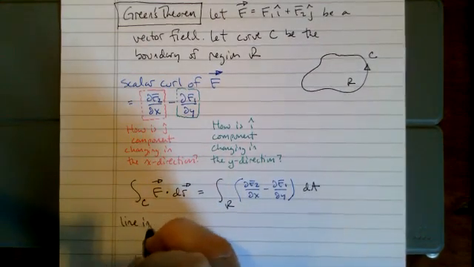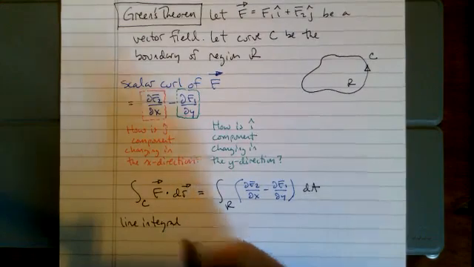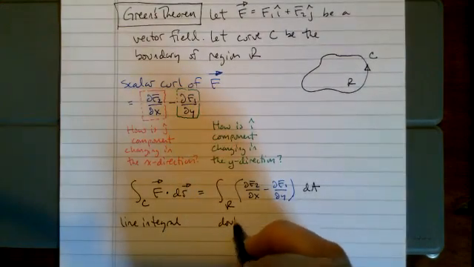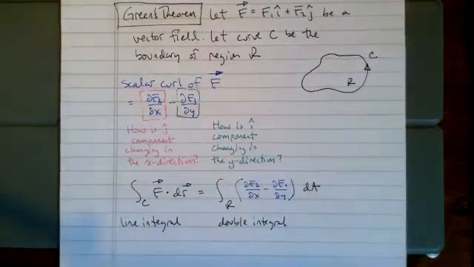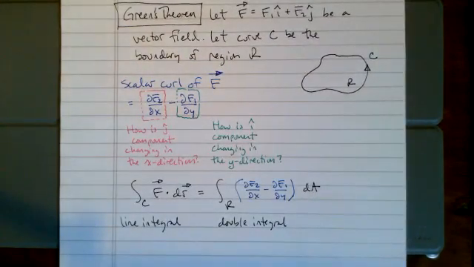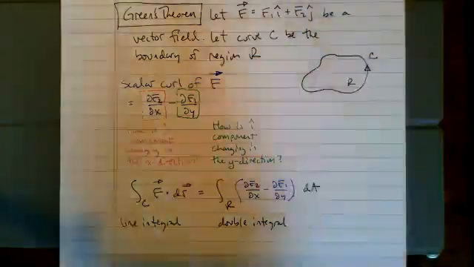So here's a line integral and a double integral. Our double integral is over a region, and the line integral is just what's going on at the boundary of the region.